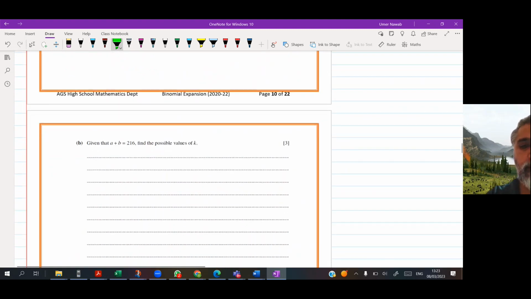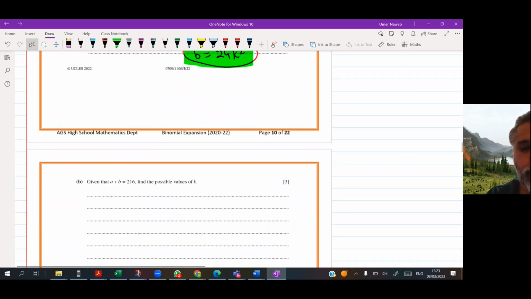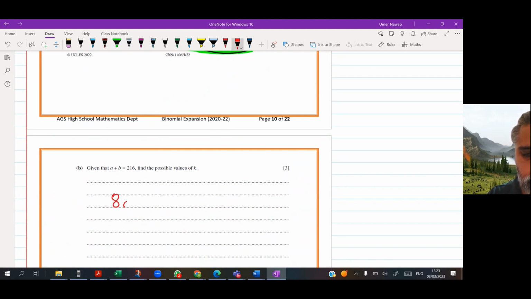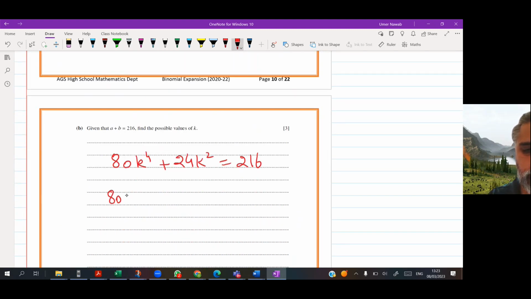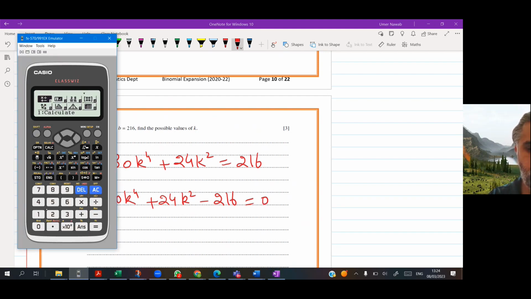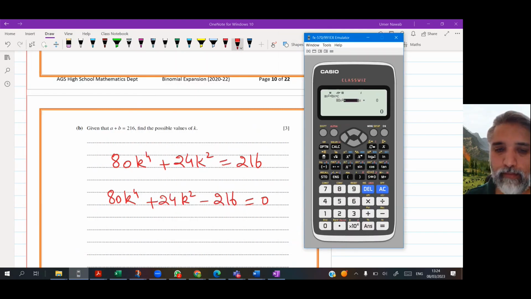The next part, he says, if a plus b is equal to 216, let's put a is 80k to the power 4, and we found b. So 80k to the power 4 plus 24k squared is equal to 216, which is a disguised quadratic equation. Menu, 80, 24, minus 216.